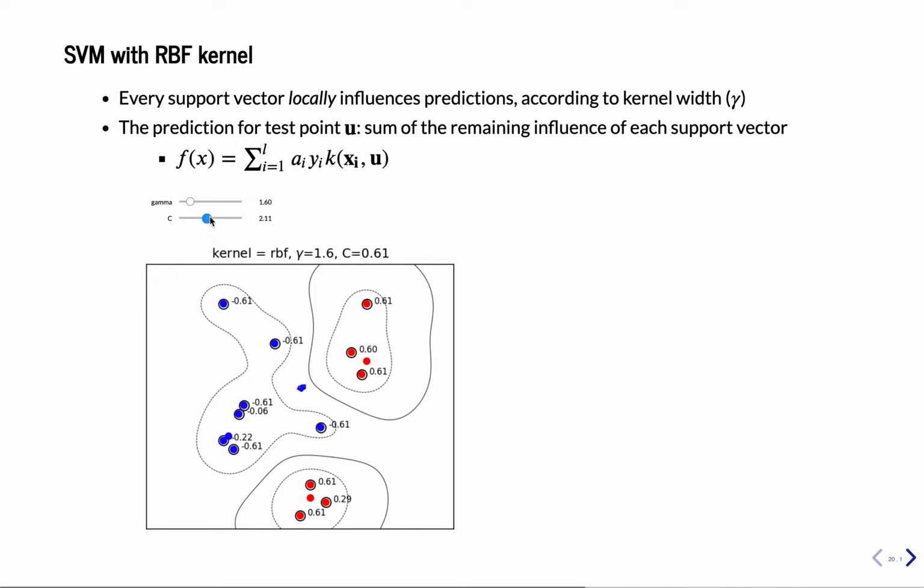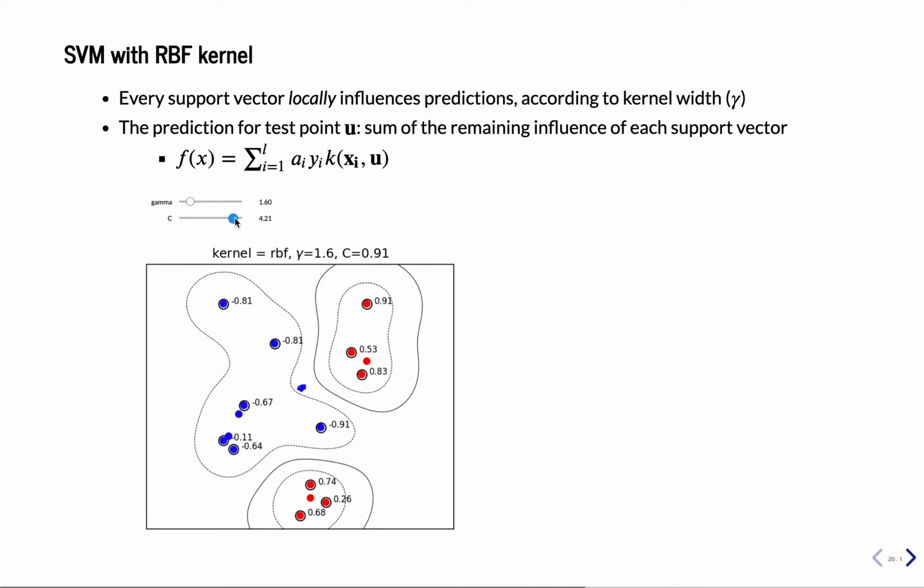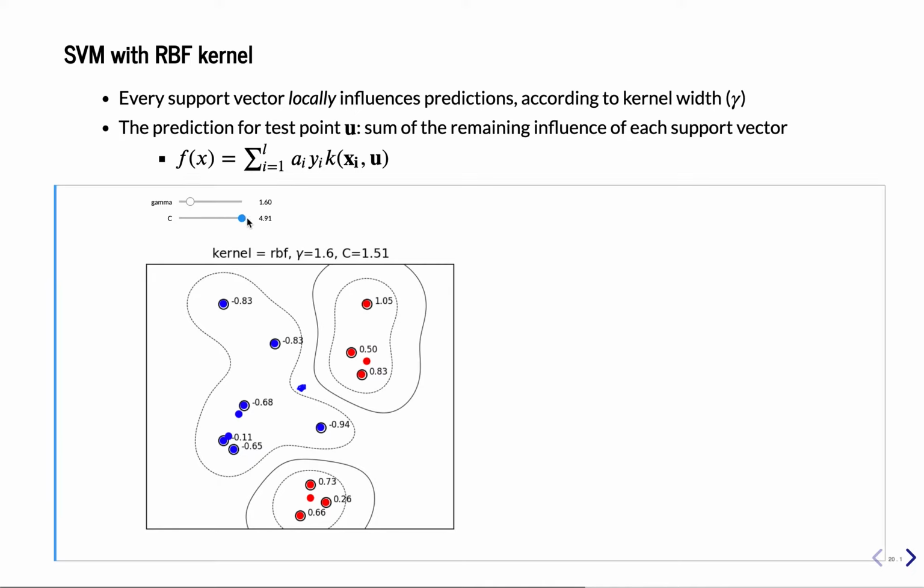If we make C larger, then our margins become more narrow, putting more effort into making sure that there are no training errors, so it will start overfitting. And again, this is something you will have to tune.